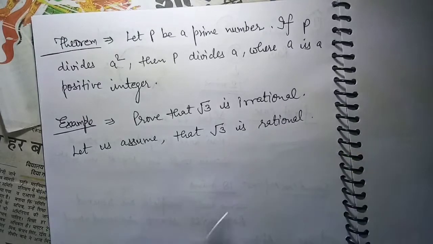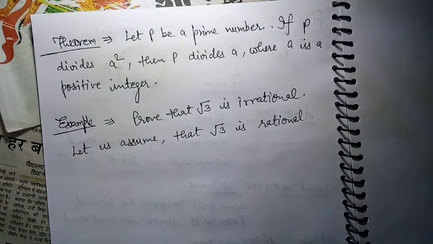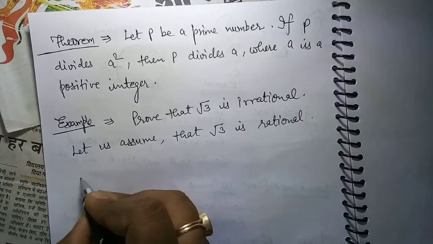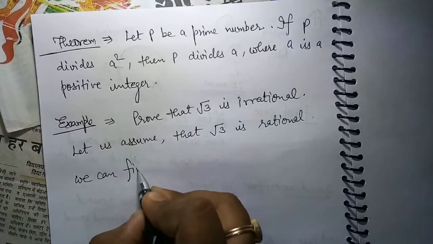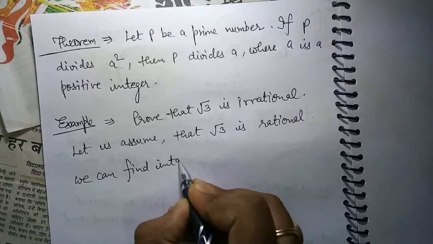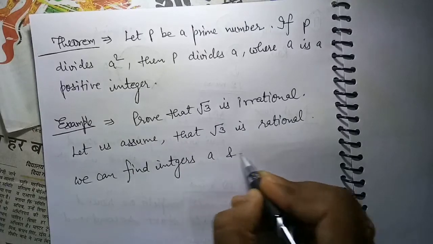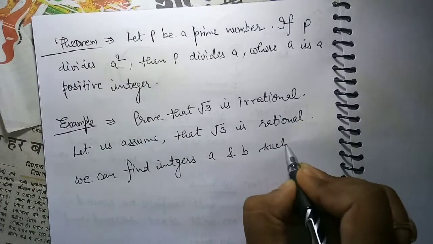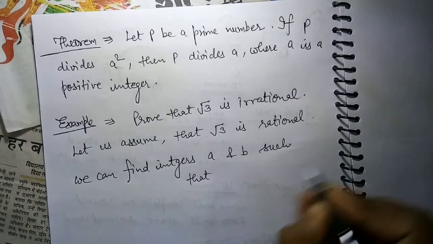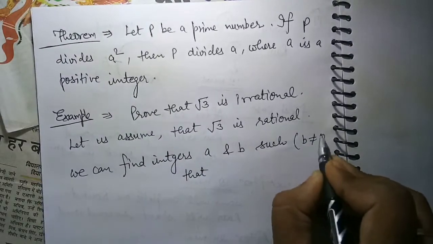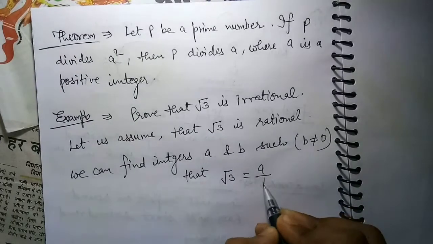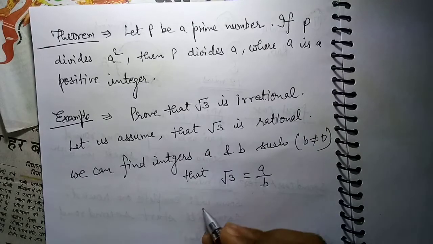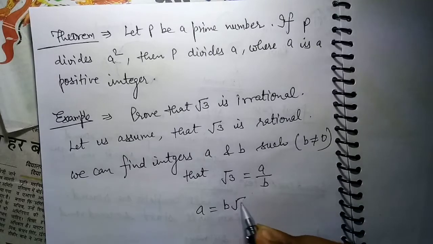Okay, and if it is rational, then we can find integers a and b, where b is not equal to 0, such that √3 equals a upon b, or a equals b√3.